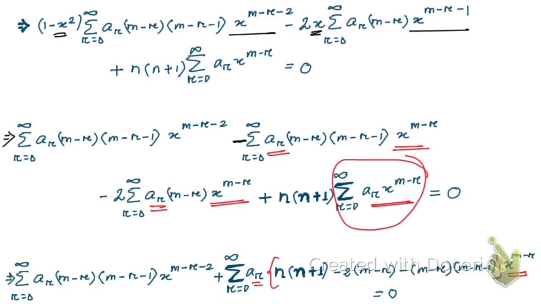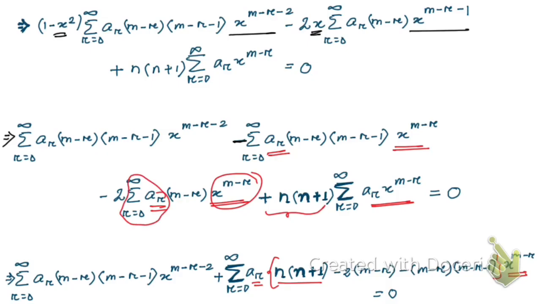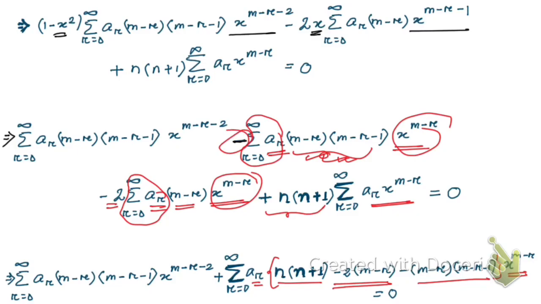Then within the bracket we're going to end up getting this one here. Then after taking this one and this one common, we have got minus 2 m minus r. This is what we have got here, you can see. Then from here this part is taken common and this part is taken common, so we have got this part within the bracket here with this minus sign. Okay, so hope you have understood this.